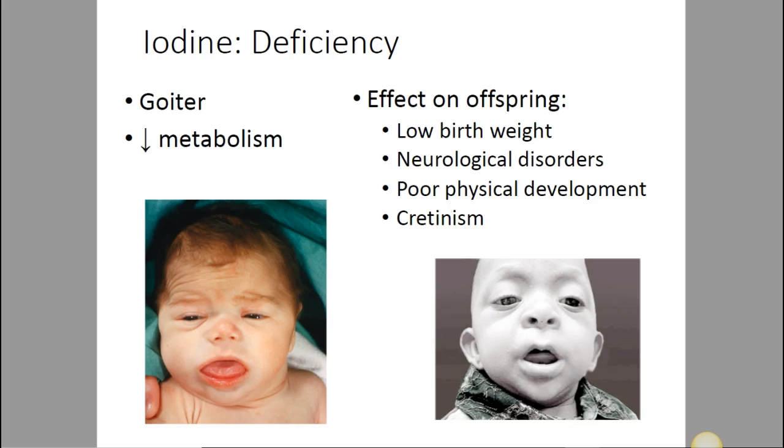Here's a little bit more information about iodine deficiency. Goiter, we saw a picture of that earlier, but also decreased metabolism, and iodine deficiency in the mother when she's pregnant can lead to, in the baby, low birth weight, neurological disorders, poor physical development, and something that is known as cretinism, which is characterized by severely impaired mental development as well as loss of hearing and speech, a shorter stature, and also muscle spasms.